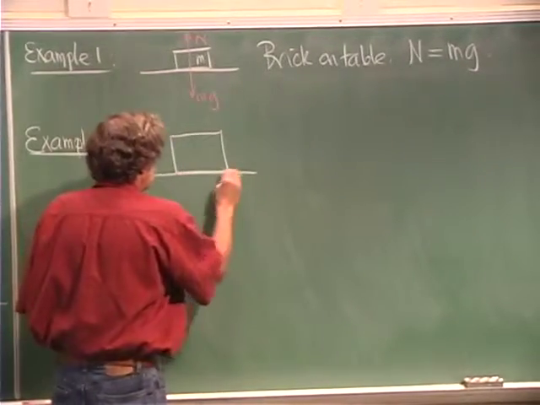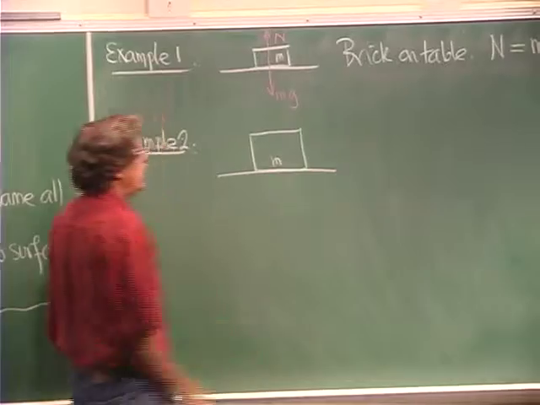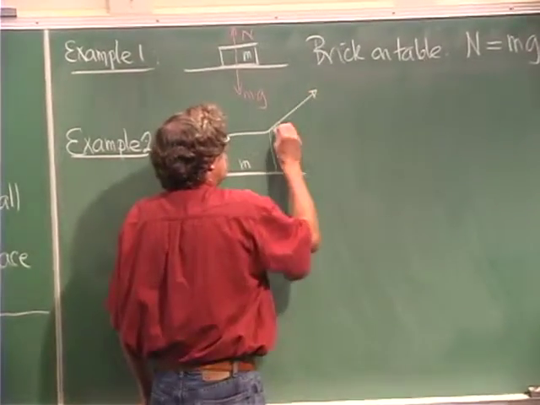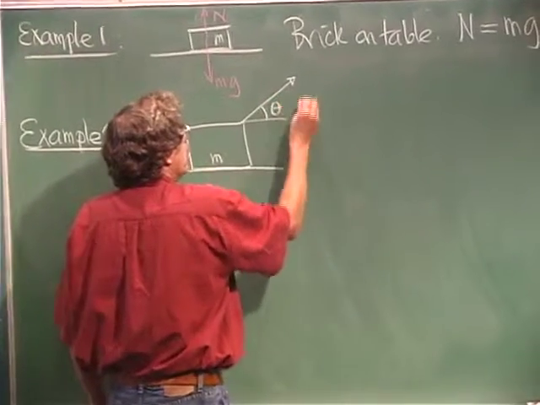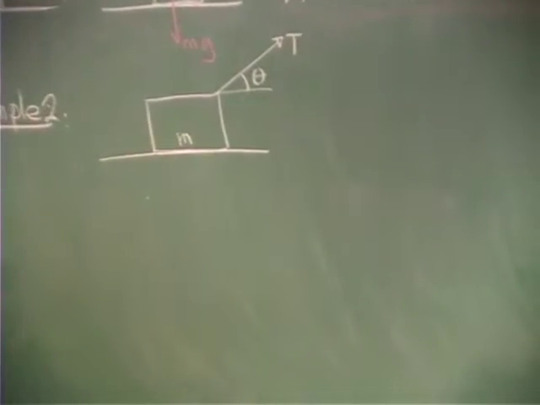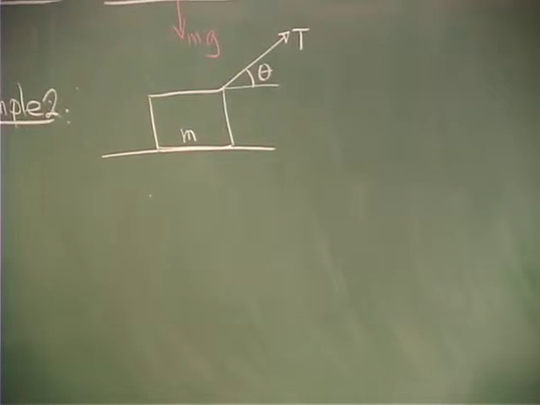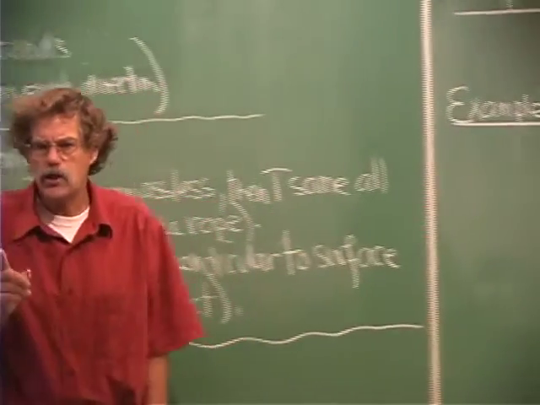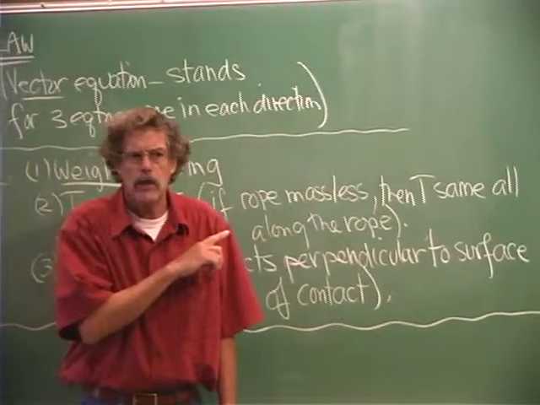So here's the crate, and it has a mass m, and the person is pulling on it with a rope that makes an angle of theta here, and they're pulling with a tension T in the rope. Whoops, I said forces were red. So, okay, let's put the forces into this diagram as they were on that owl.